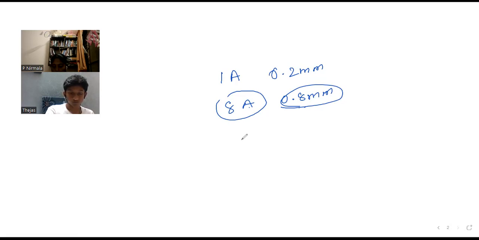They have a high melting point. So if the current exceeds, it will not melt easily, and it also saves the limit.